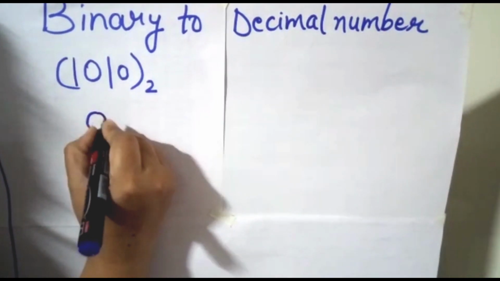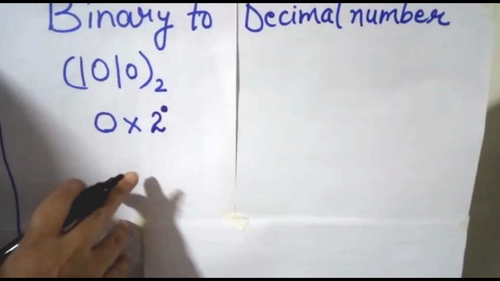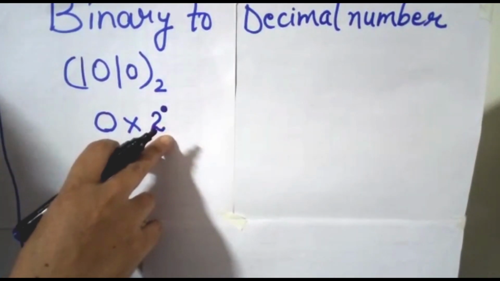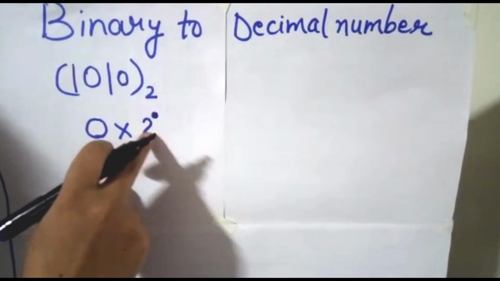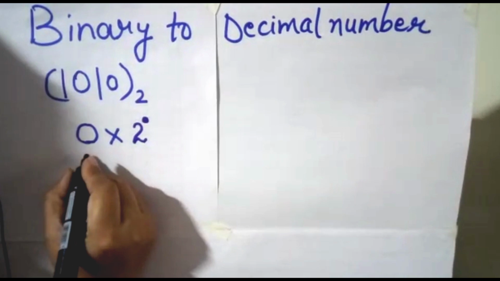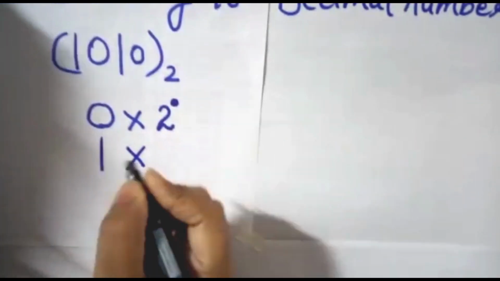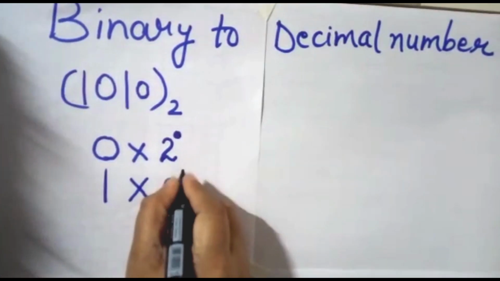Take one digit, then multiply the binary digit with its positional value, which is in the term of power of 2, so 2 to the power 0. Then take second digit, so 1, and its positional value will be 2 to the power 1.